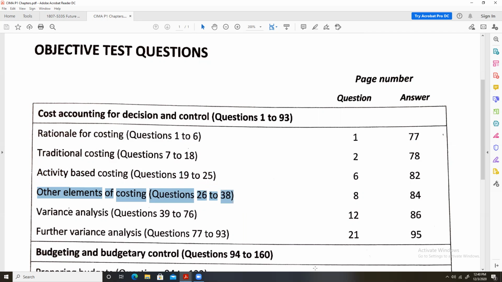Now, throughput accounting is not just a computational area, but it includes theoretical parts as well, like activity based costing.